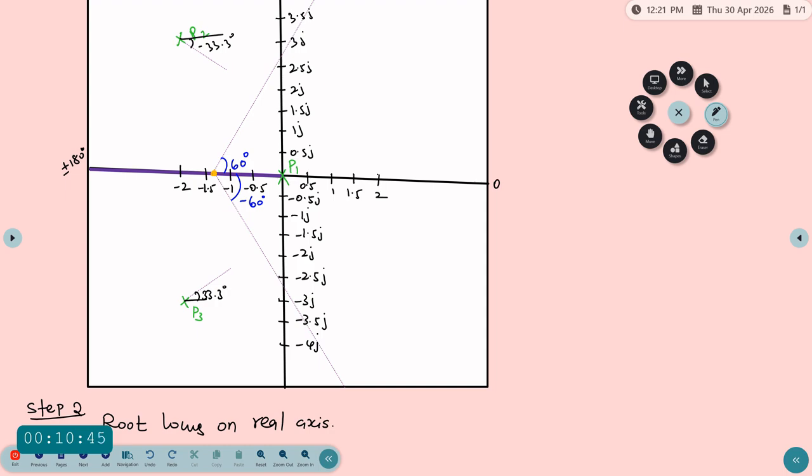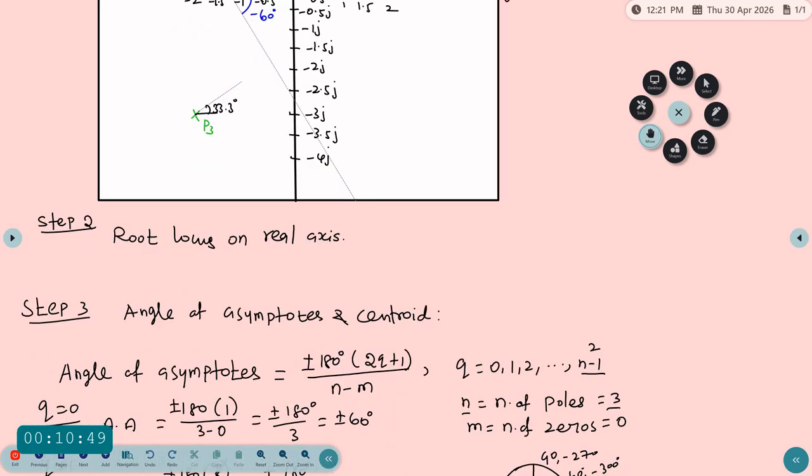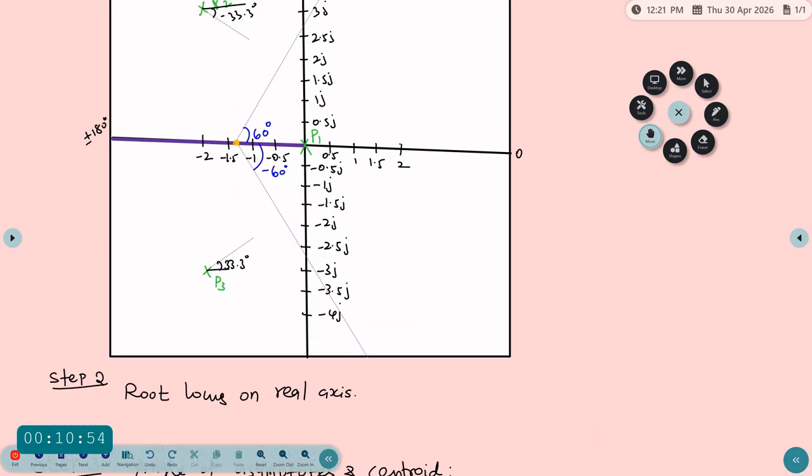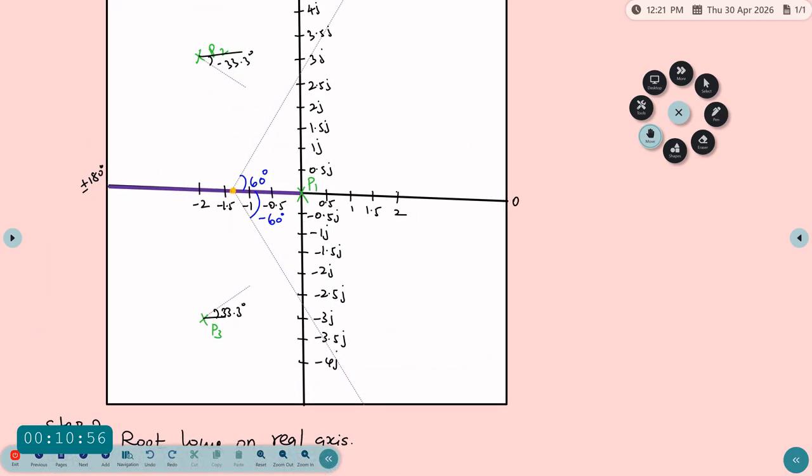Now we should enter into step number 6, the last step for this problem. For this problem, 3 poles are there. We need to identify 3 root locus branches. Out of 3, the first root locus branch is over from P1 to infinity.